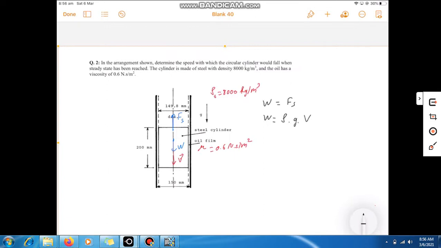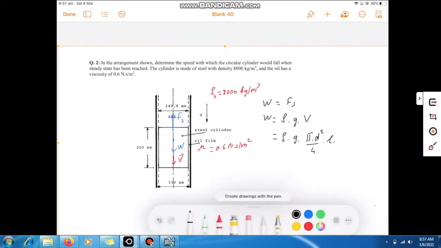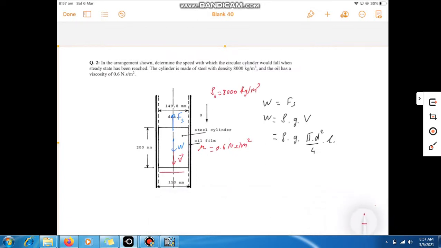The weight of the cylinder will be equal to rho times gravity times volume. The volume of the cylinder, similar to question 1, is pi d square over 4 times L, with d the diameter of the cylinder and L the length of the cylinder.